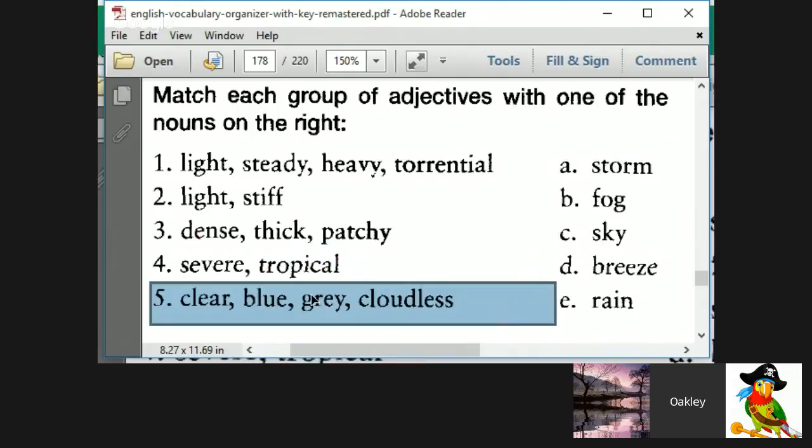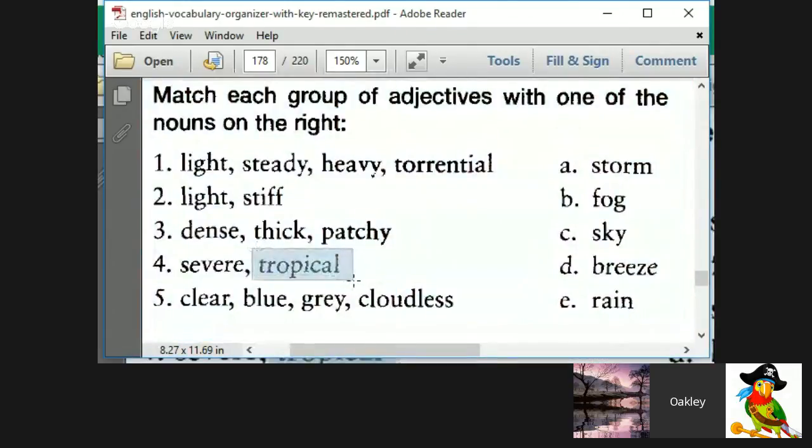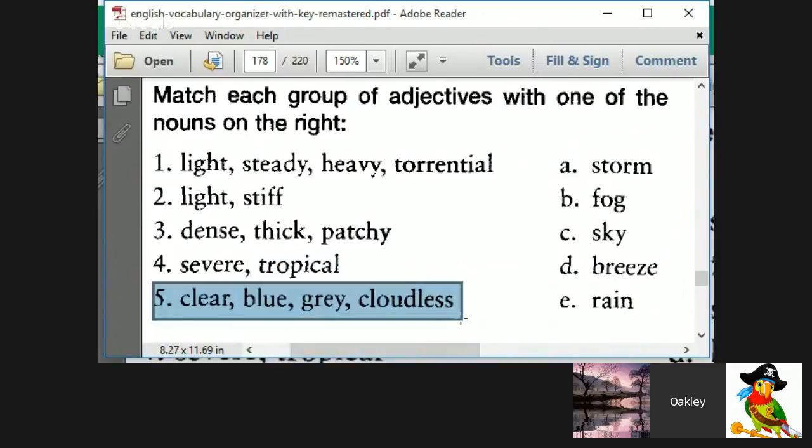It doesn't necessarily even mean that it's happening in the tropics in a tropical climate. It doesn't necessarily mean this is happening in Hawaii. You can have a tropical storm quite far north. It has more to do with wind speed than actually where it is at the climate. All right, Sam, number 5.